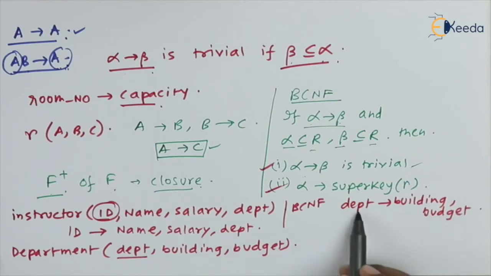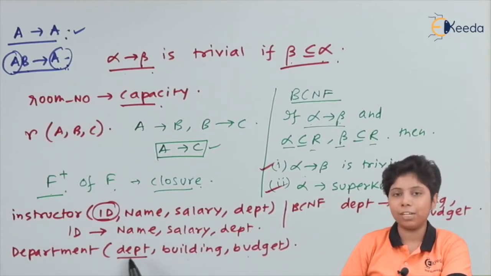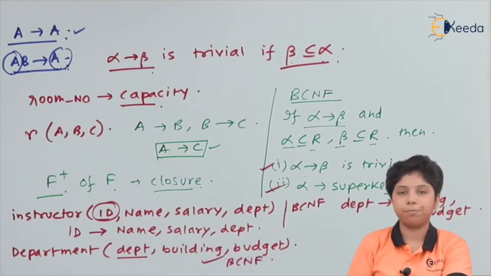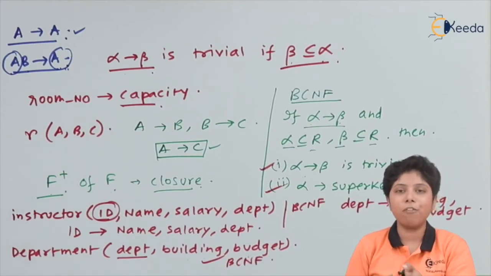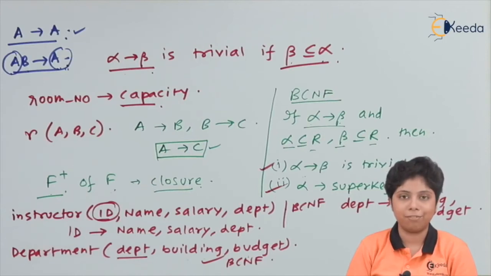So the department name is the super key of the relation department, and the dependencies are trivial, since it uniquely identifies the building and budget. So it is also in BCNF. So now we can say that both instructor and department are in BCNF.